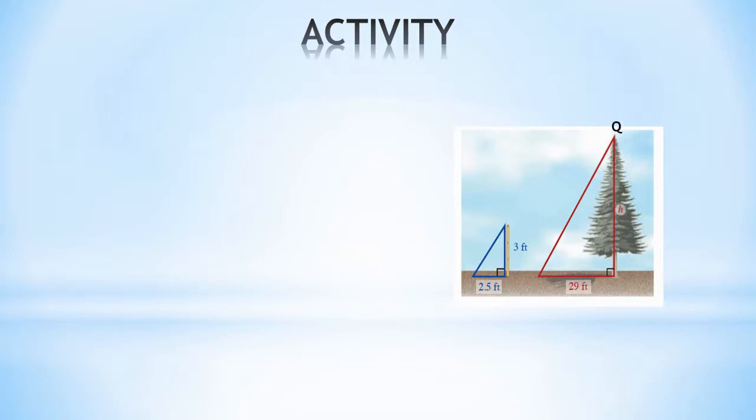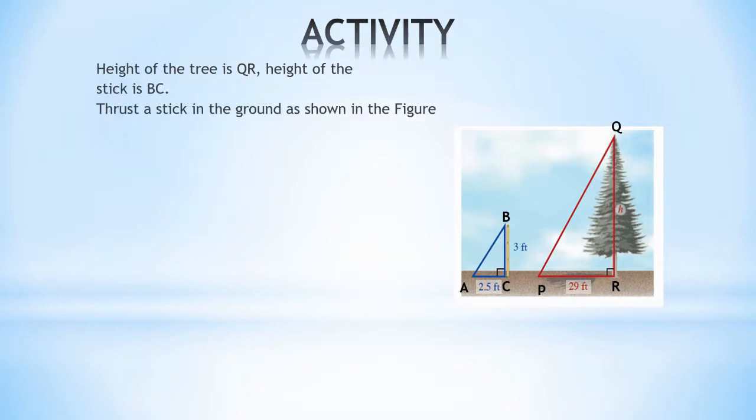Name the height of this tree as QR. Take a stick and name the height of the stick as BC. Thrust the stick in the ground as shown in the figure.